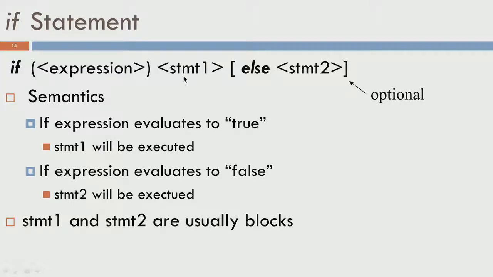Remember, STMT1 is supposed to be a compound statement. If the expression evaluates to false, statement 2 will be executed. STMT1 and STMT2 are usually blocks of code, need not be just single-line code, even though single-line code is acceptable.